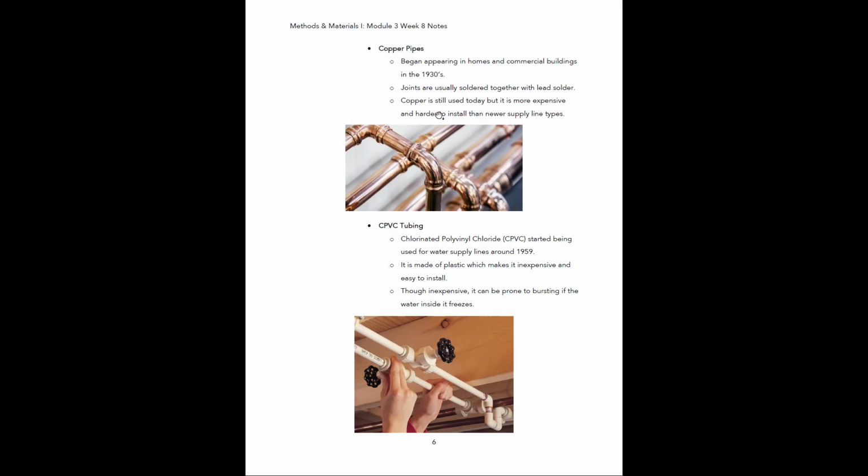Copper is still used today, but it's going to be more expensive and harder to install than newer supply line types. Okay, so we have more modern things than copper that are easier to install, so you don't need somebody who's as much of an expert, and also the material itself is just less expensive to produce. Copper is usually used in buildings where people value something that's a bit higher quality.